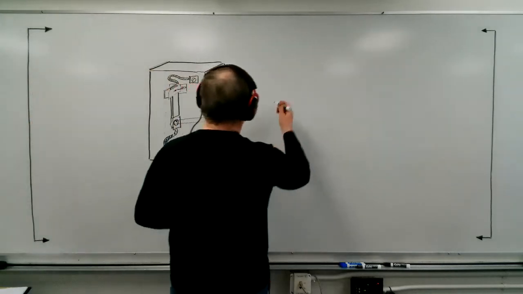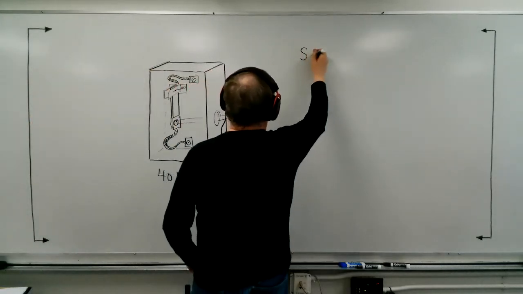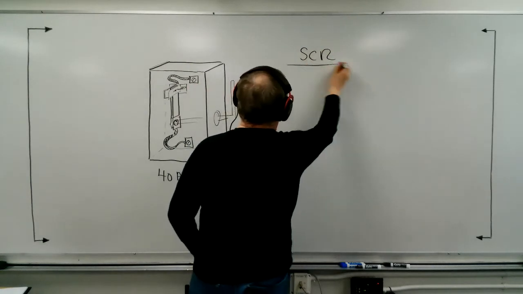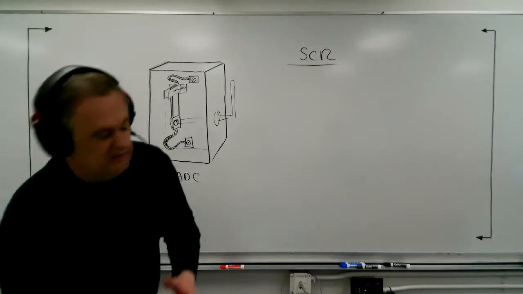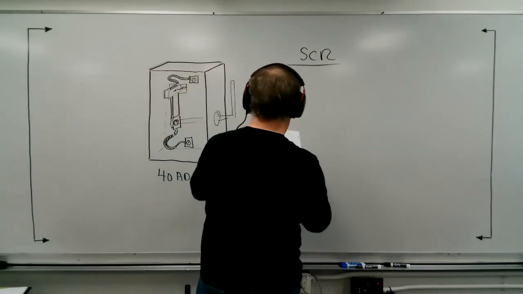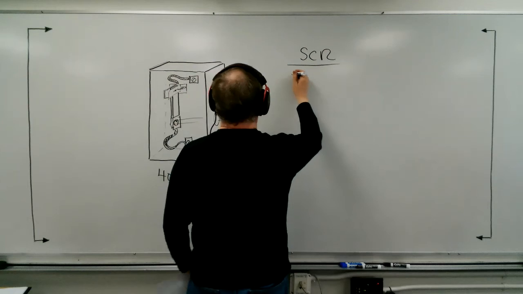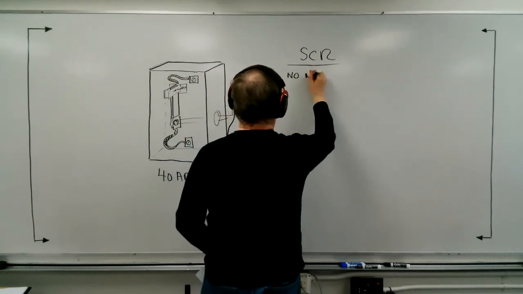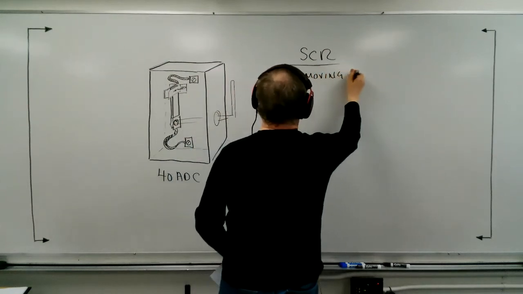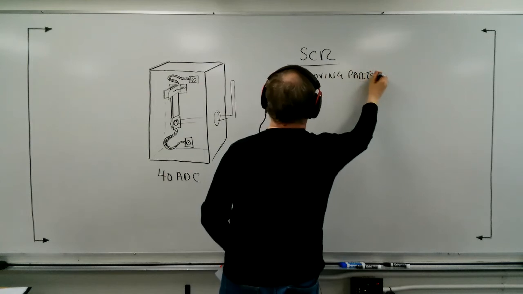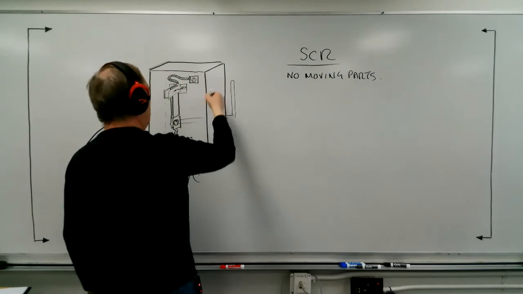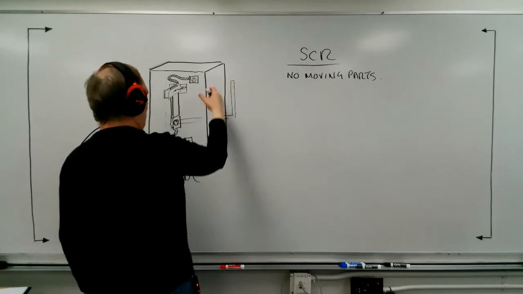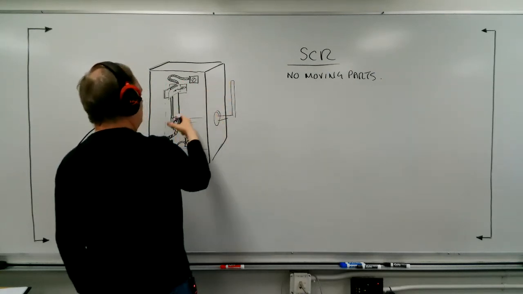Now, as a switch, an SCR does a lot of really amazing things, and let me show you what they are. Essentially, with an SCR there are no moving parts. With all of this stuff, if you've ever worked on any of these, there are handles, bushings, pins, all sorts of things.